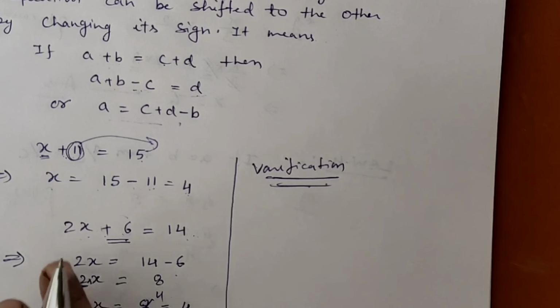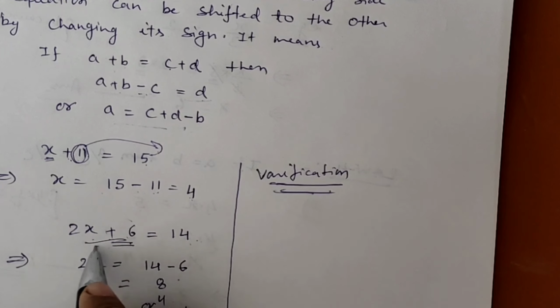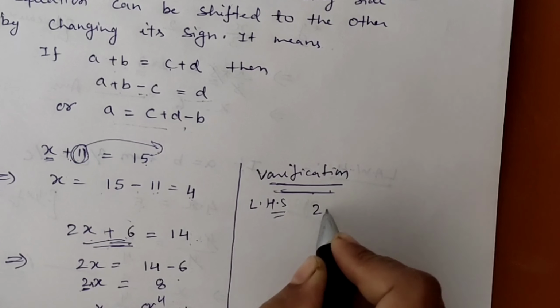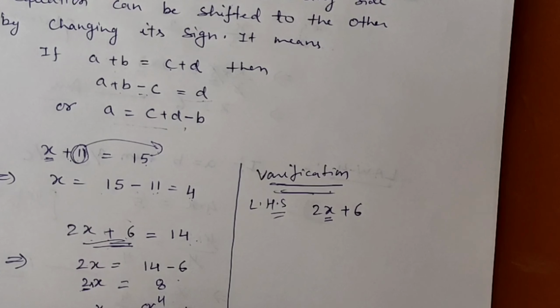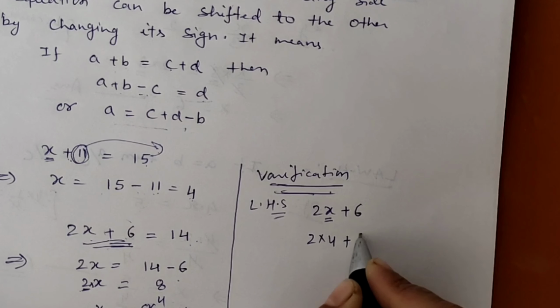Here you can see in this second example, you have the solution x = 4. Now you put this value 4 in the left side of the equation. The left hand side of the equation is 2x + 6. So in place of x, you write the value 4: 2 into 4 plus 6.